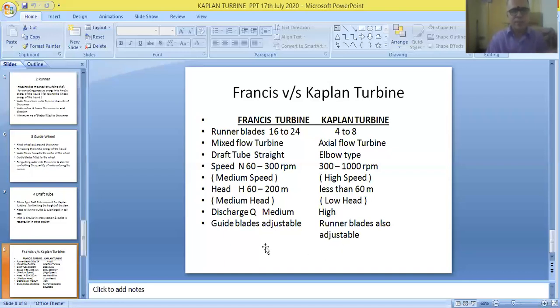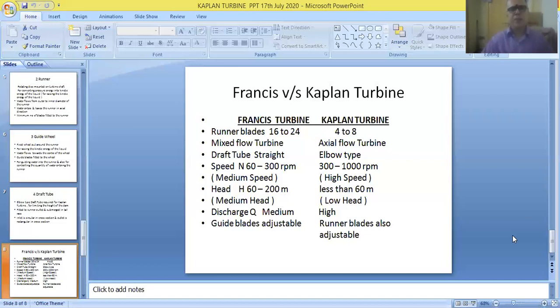That means in the case of the Francis turbine, only one governor is used for adjusting the blades of the guide wheel. But here, 2 governors are used in the case of the KAPLAN turbine. One governor for adjusting the guide blades, another governor for adjusting the runner blades of the machine.